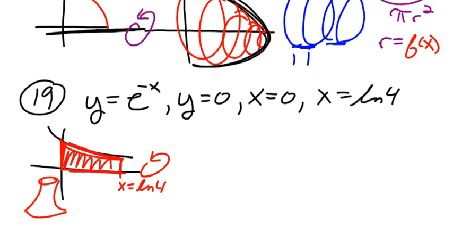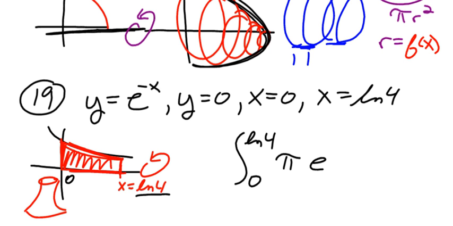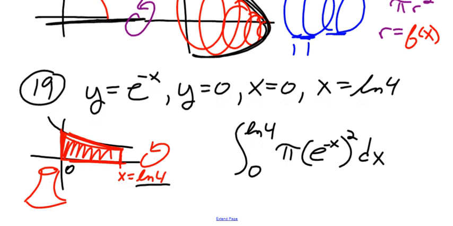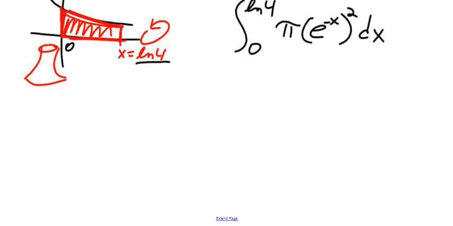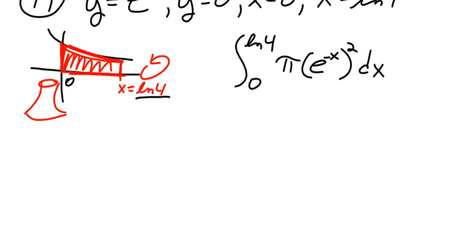So we're going to go ahead, using what we know, and find the bounds. It looks like our bounds are going to be from 0 to ln 4. And then the formula will always be pi, and then the function f of x squared, dx. Always with the disk method, or even the washer when we get to it, pi is a constant.